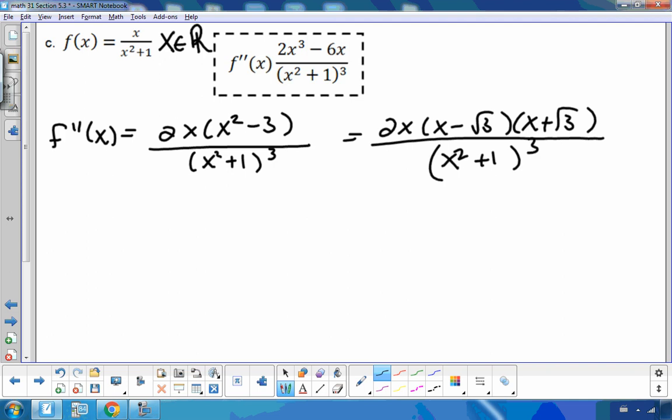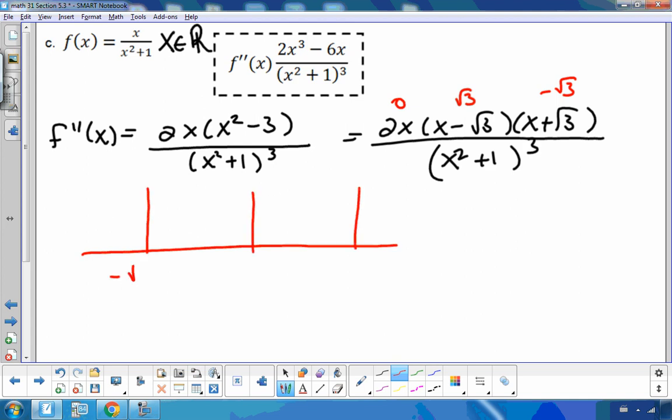My second derivative is never undefined because x is an element of the reals, but it is 0 at 0, positive root 3, and negative root 3. So those are my key values. Looking at a number line, I have negative root 3, 0, and root 3.